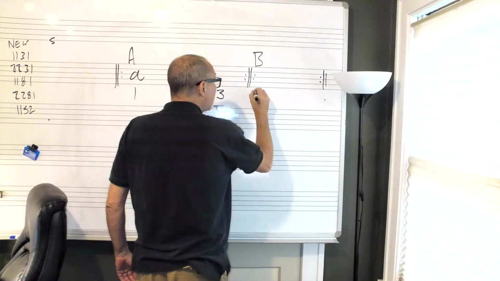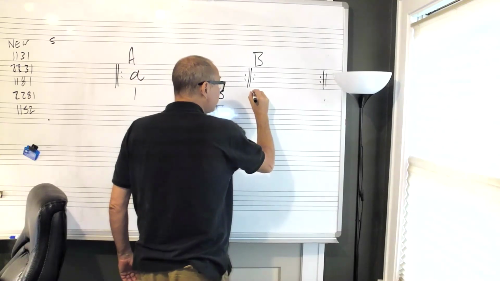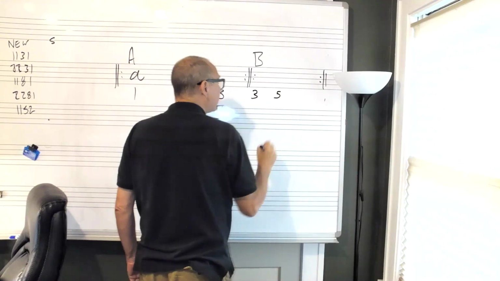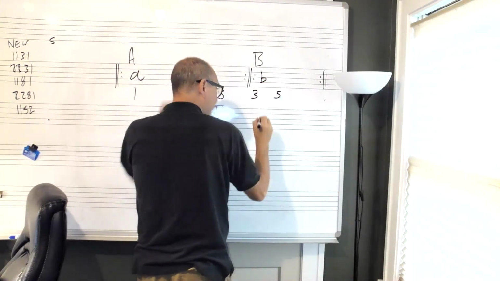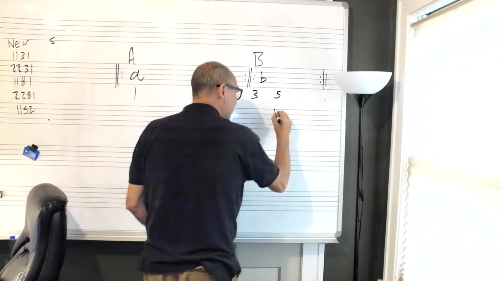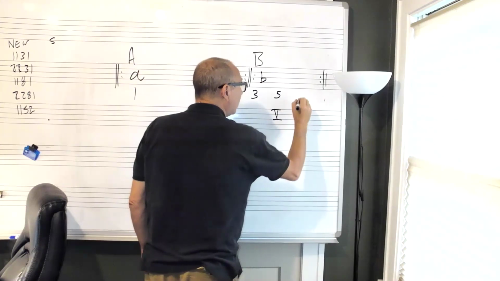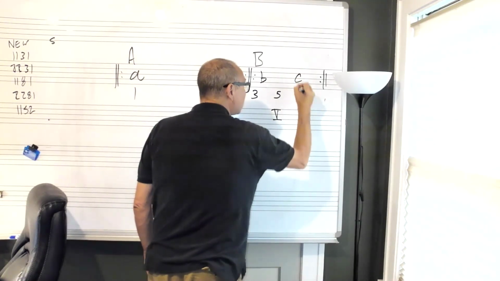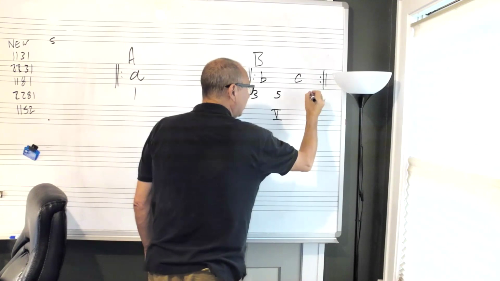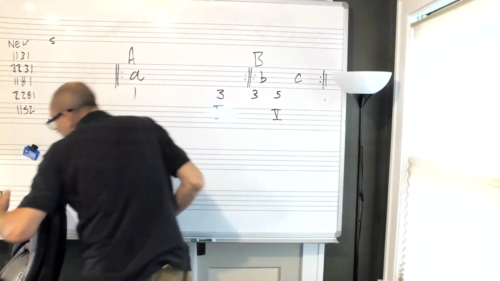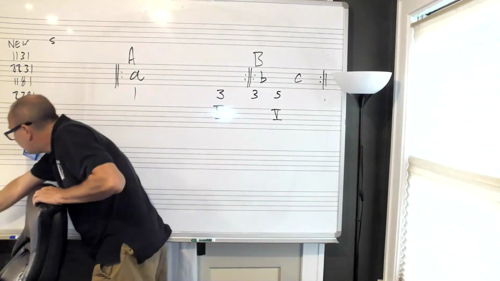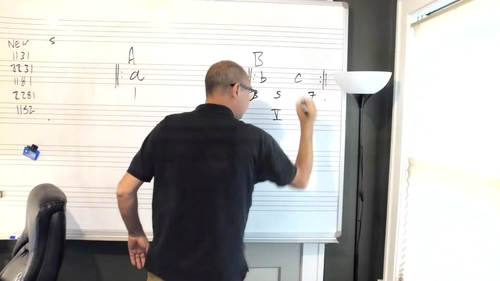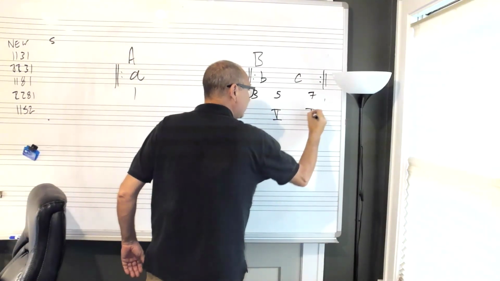So phrase B also begins in measure 3 and goes to measure 5 and ends on a B major chord. And then the last phrase, C, ends in measure 7. And that ends on a tonic.